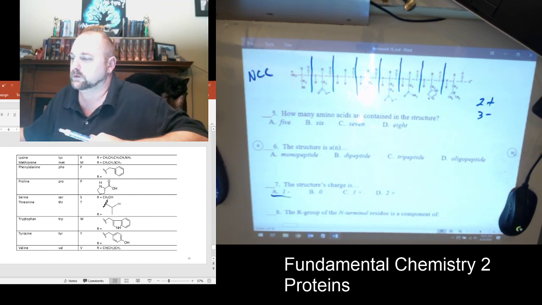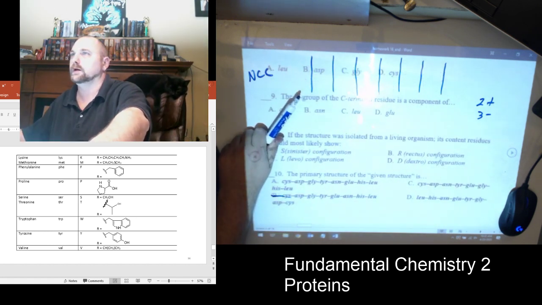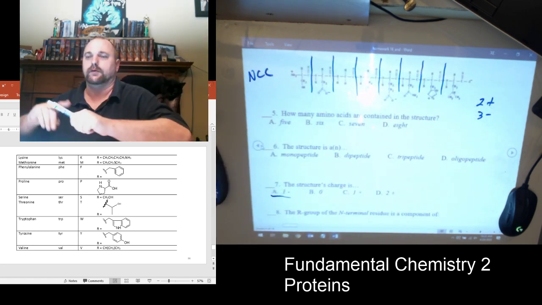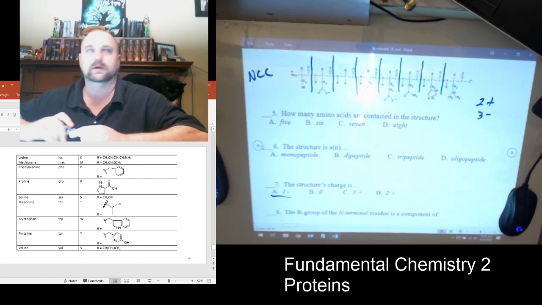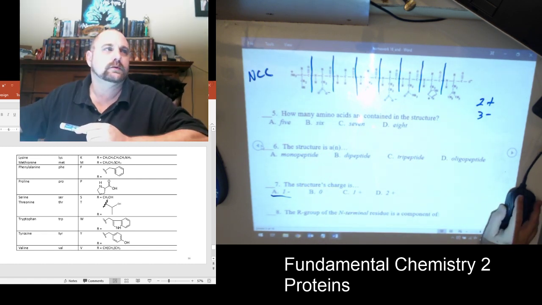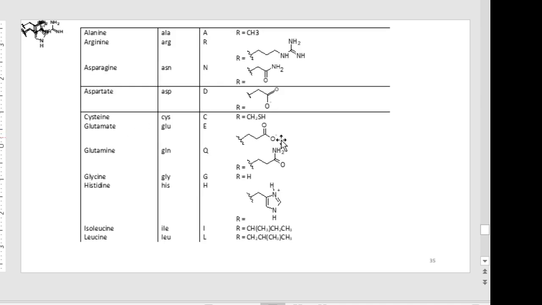The N terminus, so that's here, and it wants me to identify it. We're basically identifying this, and it has CH2SH. So I'm going to go to my table and find CH2SH. Not on that sheet.